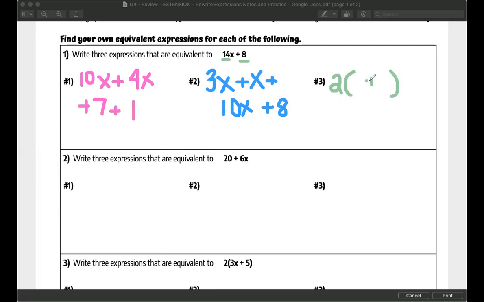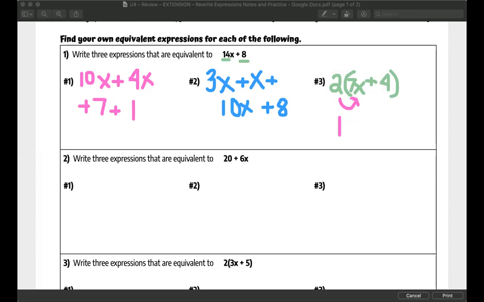So 14x divided by 2 is 7x, and 8 divided by 2 is 4. So again, you can double check your work here and see if you did that right. This would be the equivalent expression, but let's double check. 2 times 7x is 14x plus 2 times 4 is 8.